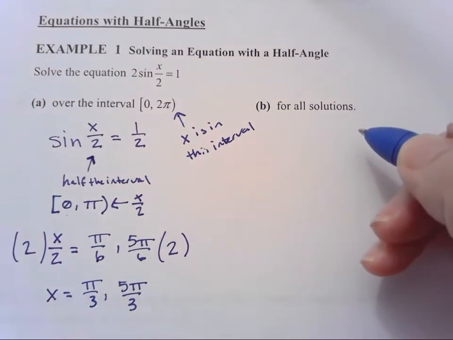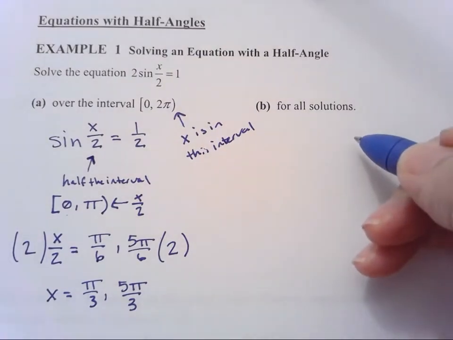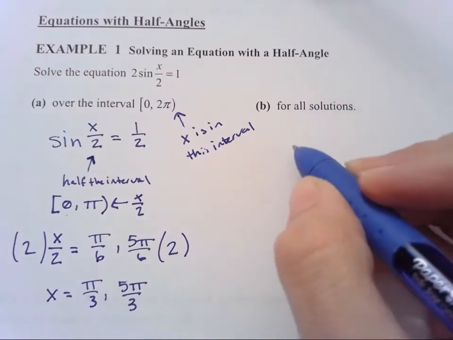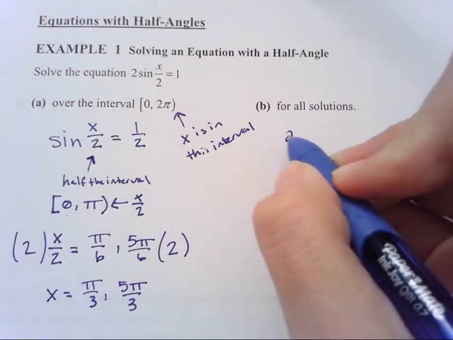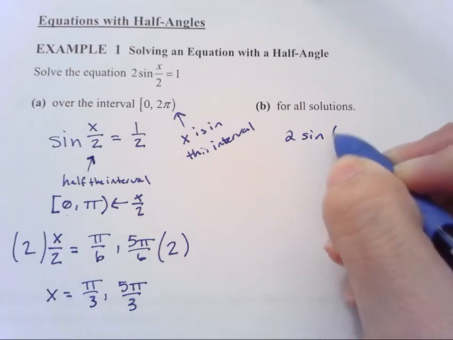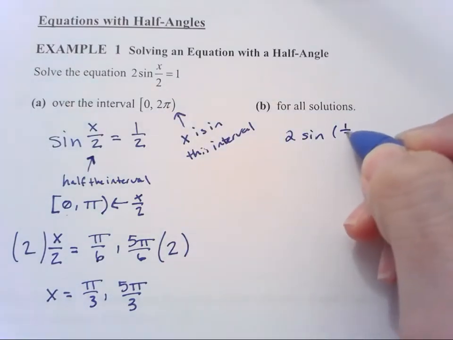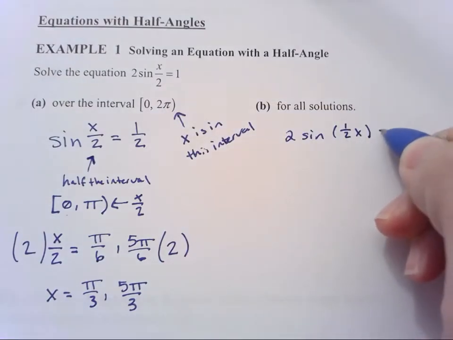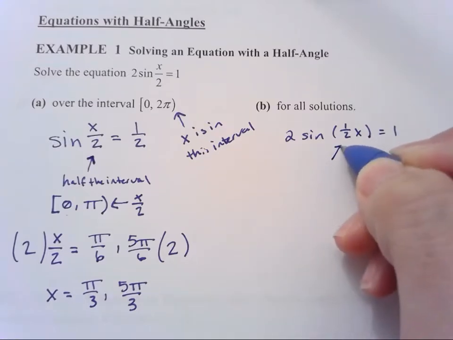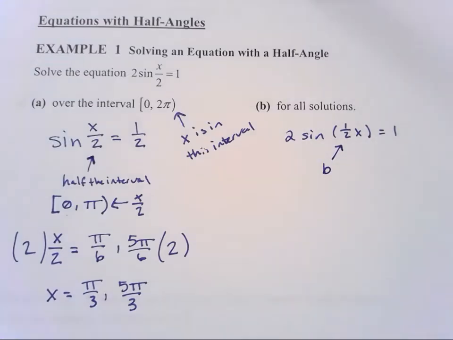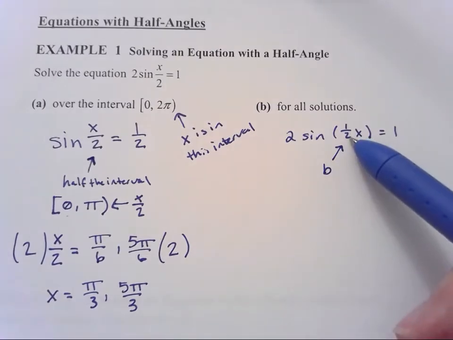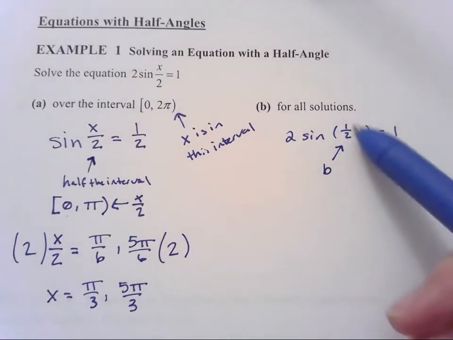If I want all the solutions, then I think, okay, x over 2 is the same thing as 1/2 x. Well, if you remember from when we graphed trig functions, 1/2 x, the period is dependent upon this number.